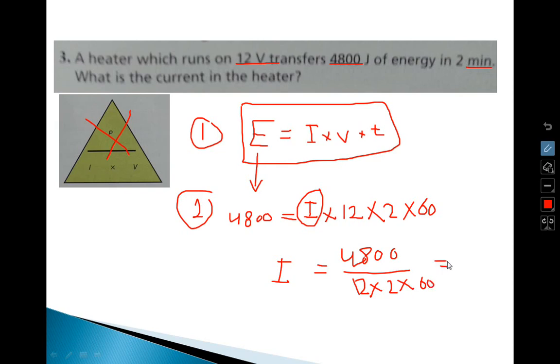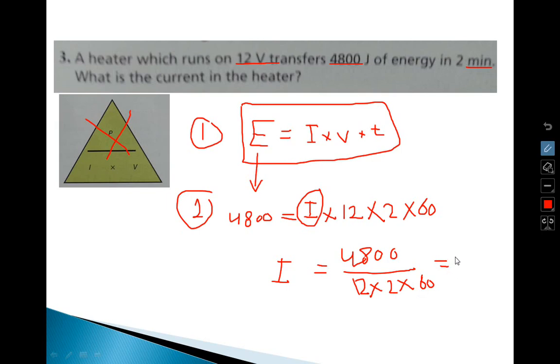So now just divide 4,800 over 12 over 2 over 60, or multiply 12 times 2 times 60 and then divide. Or for an easy way, divide 4,800 over 12 over 2 over 60.